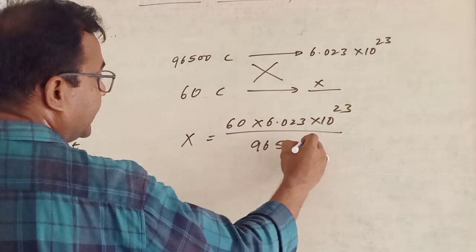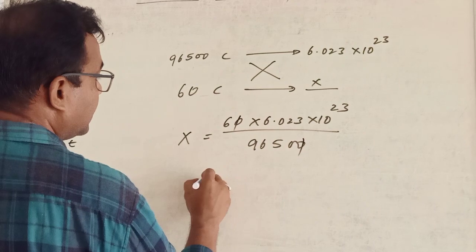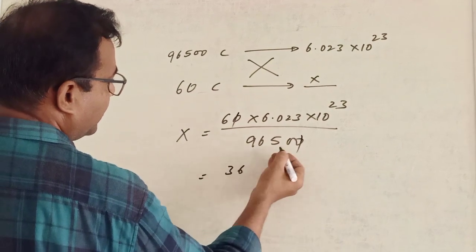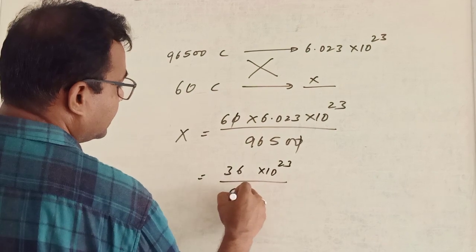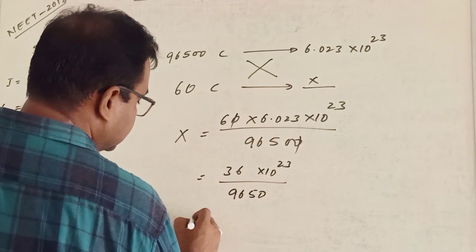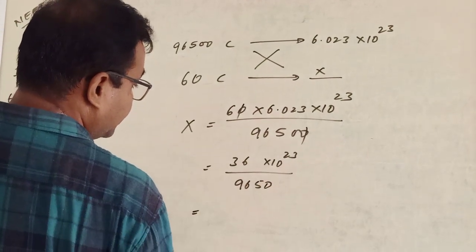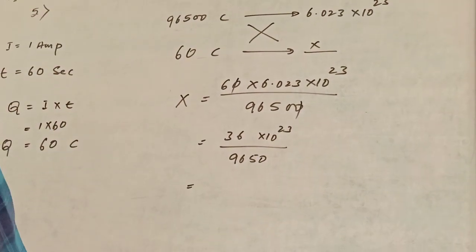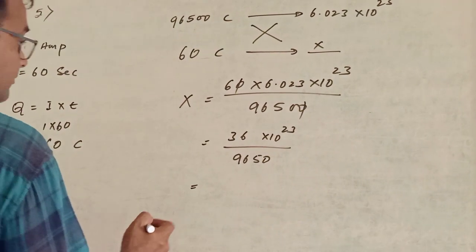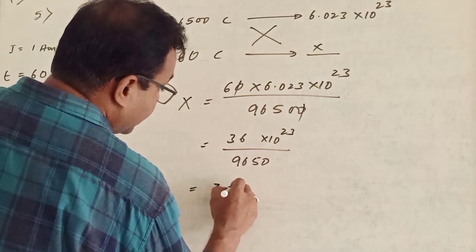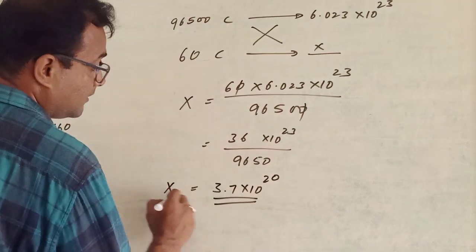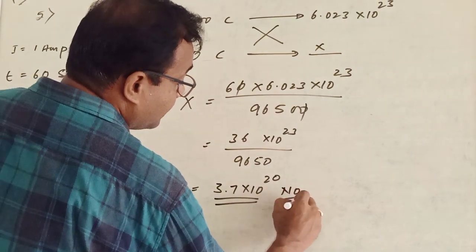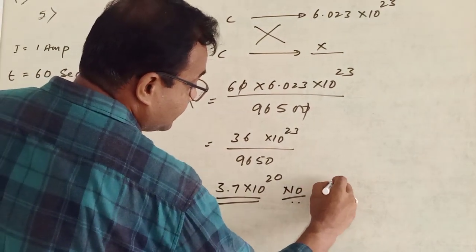After multiplying, you will get approximately 36 point something into 10 power 23 divided by 9650. If you substitute here, I calculated the value. The obtained value will be around 3.7 into 10 power 20. You will get this number of electrons.